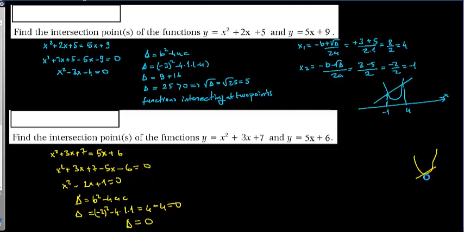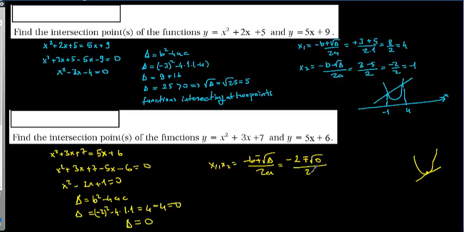So it means that they are going to intersect at one point, which is when we find x1 and x2. It's equal to minus b plus minus root of delta over 2a, but delta is 0. So that is minus minus 2 over 2 times 1, plus minus root of 0.